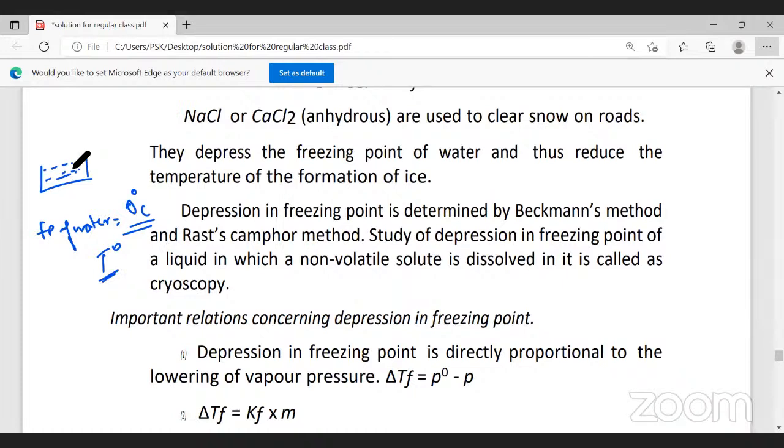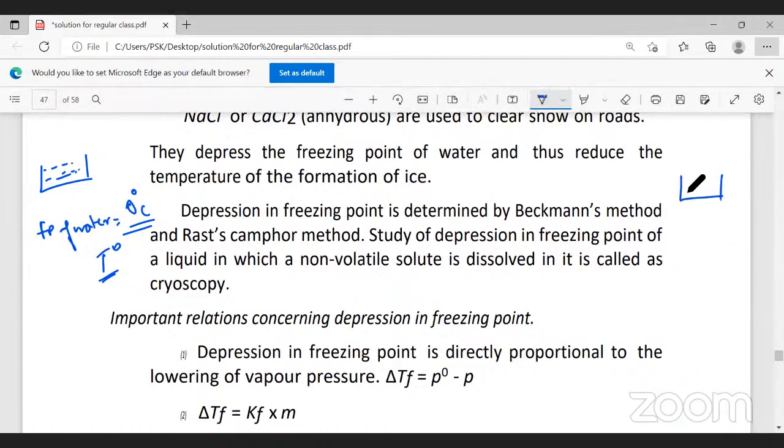Now, I take the same amount of water, and to this I am adding a non-volatile solute. For water it is 0 degrees, and I check the freezing point of the solution. It will be minus 0.52 degrees.